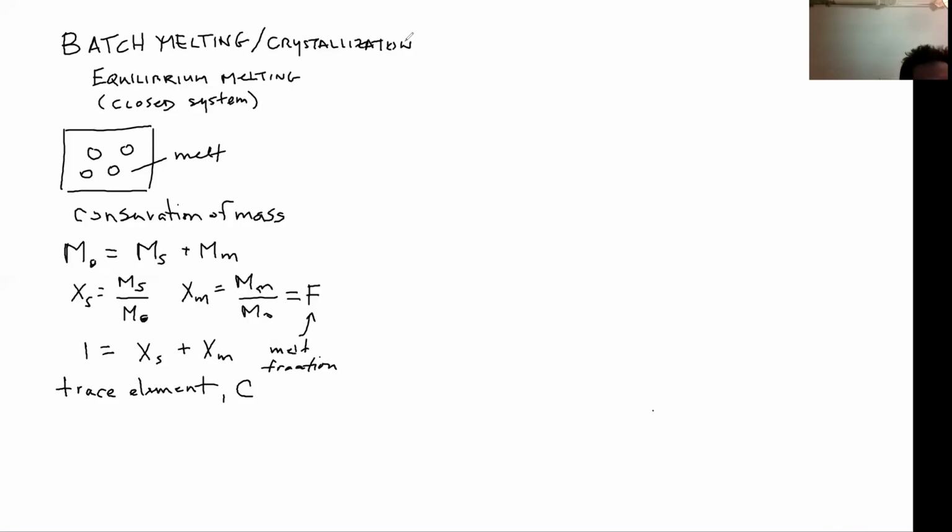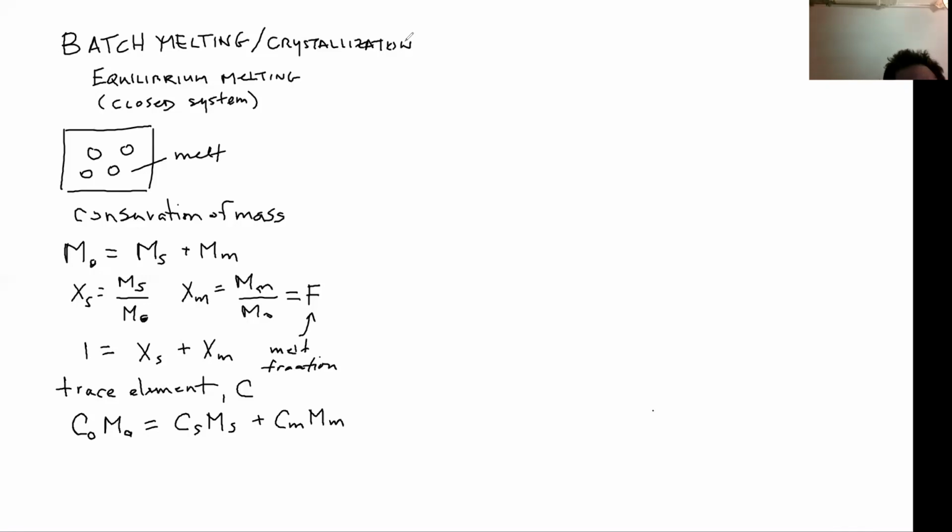So the total mass of an element in my magmatic system would be the average concentration of the total system, C0, multiplied by m0, and that then must equal the total mass in the solids, Cs ms at any given time, plus Cm mm, right?